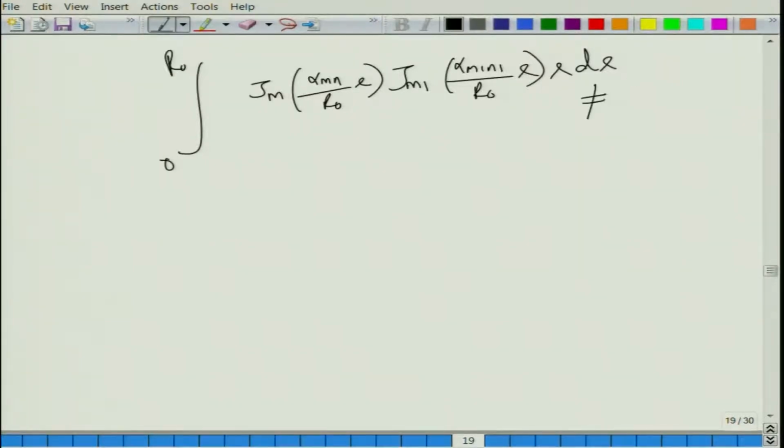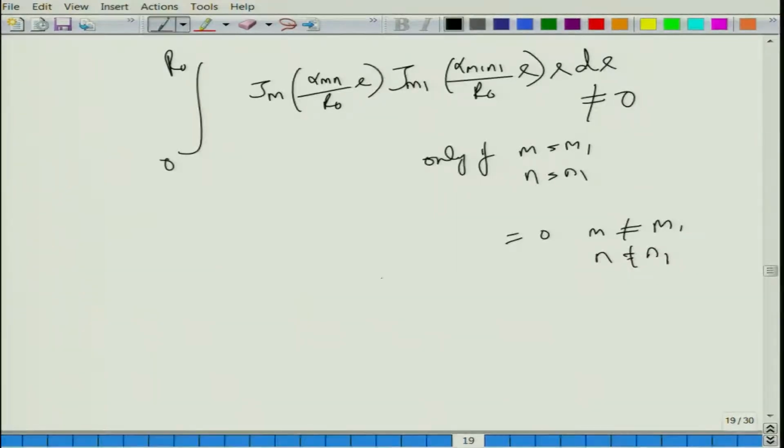This is non-zero only if m is equal to m1 and n is equal to n1, and this is equal to 0 if either of these conditions is not met, and the cos theta trigonometric functions are orthogonal in the regular sense.